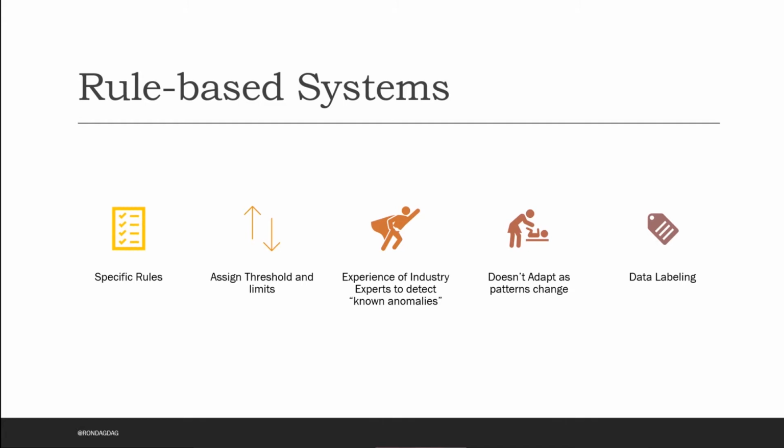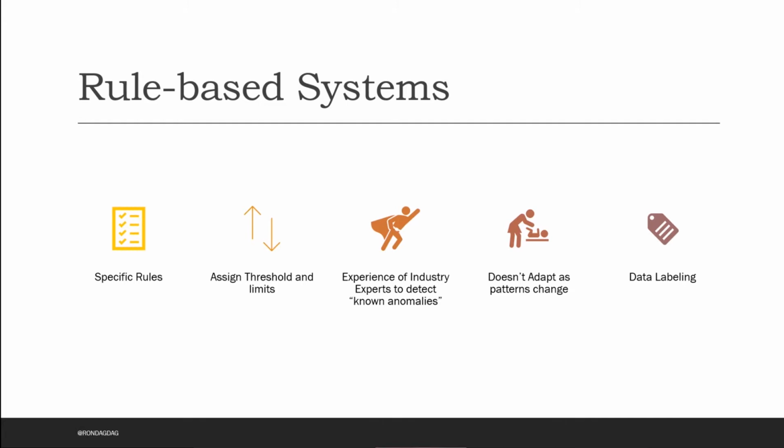And of course, rule-based system requires tweaking, and through time, you learn what the known anomalies are, what the known problems of an existing system, existing sensors, existing machine are, right? So that's when you have the industry experts telling you what the parameters are, or what defects are, that kind of thing.